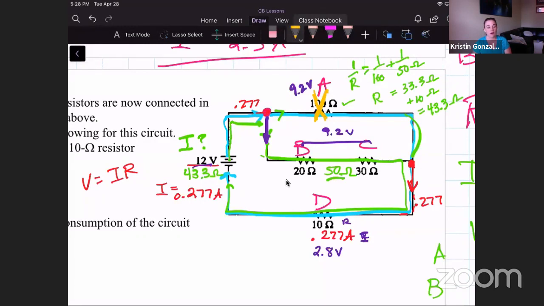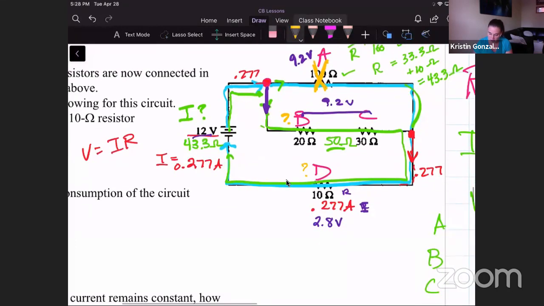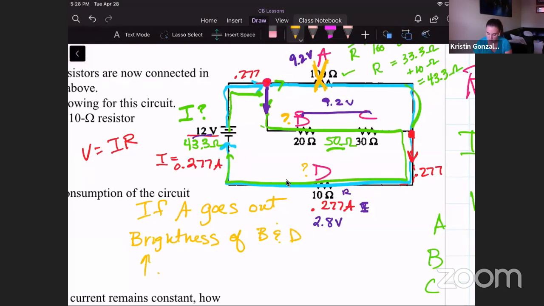If light bulb A burns out, I want you to tell me what's going to happen to the brightness of light bulb B and the brightness of light bulb D. Okay, so if A goes out, does the brightness of B and D go up, down, or stay the same?